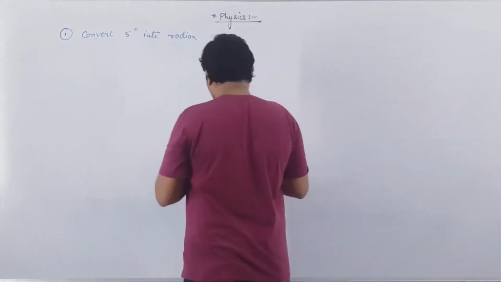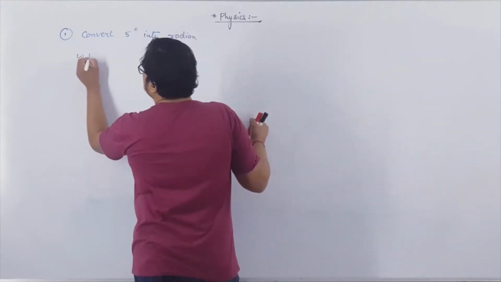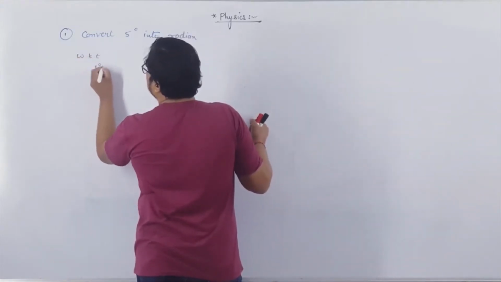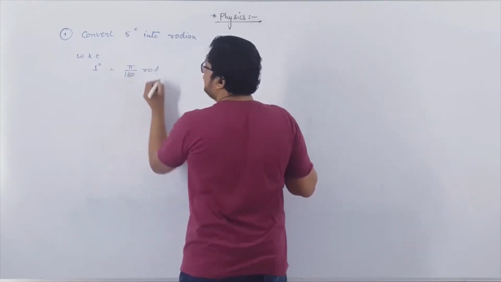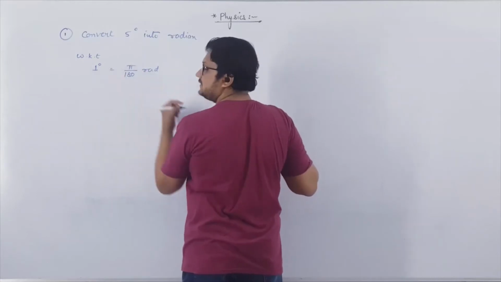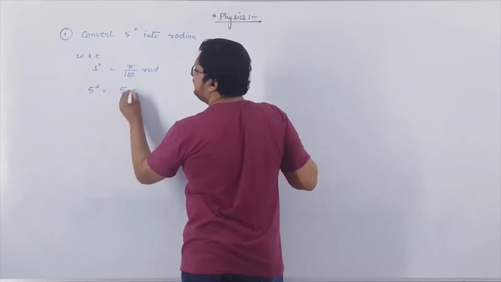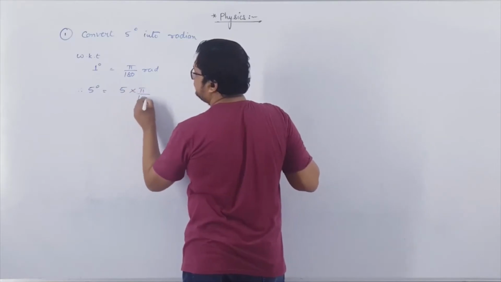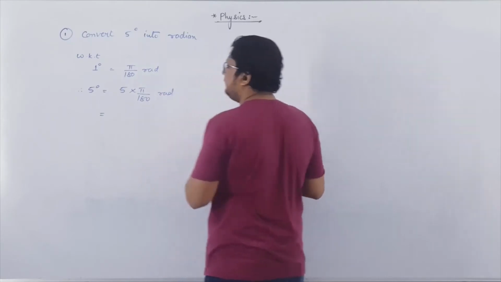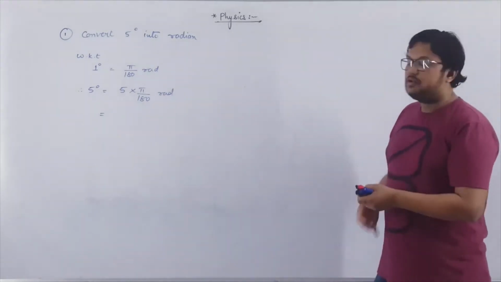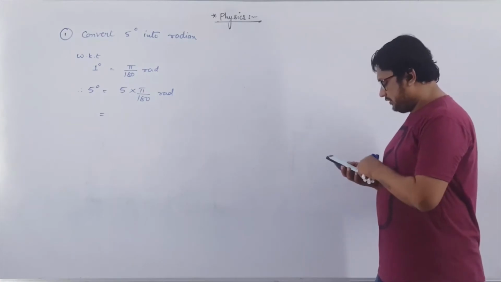So we know that 1 degree is pi by 180 radian, right? So if you multiply by 5 on both sides, you get 5 degree equal to 5 into pi by 180 radian. You can easily simplify using a calculator. The value of pi is 3.14.